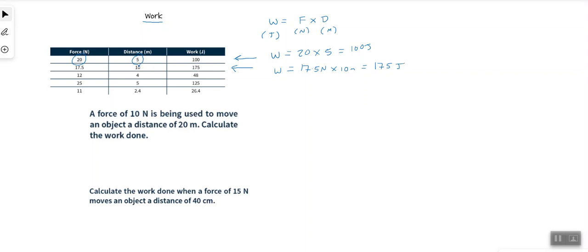Okay, and the same pattern holds true for all of this data here. So you can see this relationship between work and these two properties of force and distance.